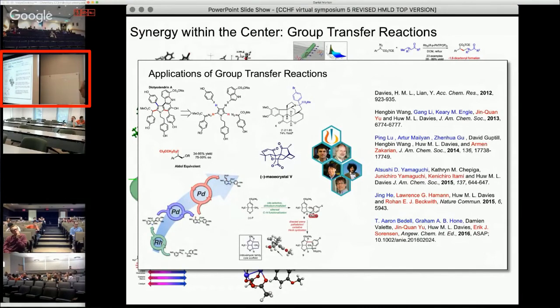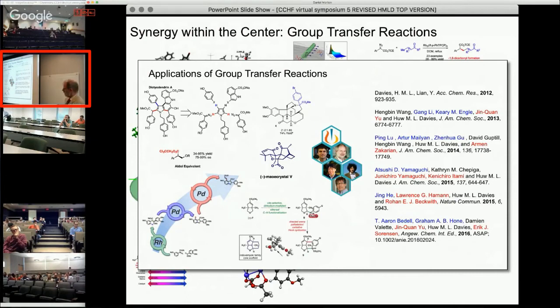One of our earlier forays was a collaboration with Jin-Quan Yu, which is shown on the left-hand side, showing a rhodium and then two palladium catalyzed reactions carried out in sequence to get into an interesting series of compounds. More recently, on the bottom right, is a collaboration with Erik Sorensen and Jin-Quan Yu, again using our respective CH functionalization strategies in synthesis.